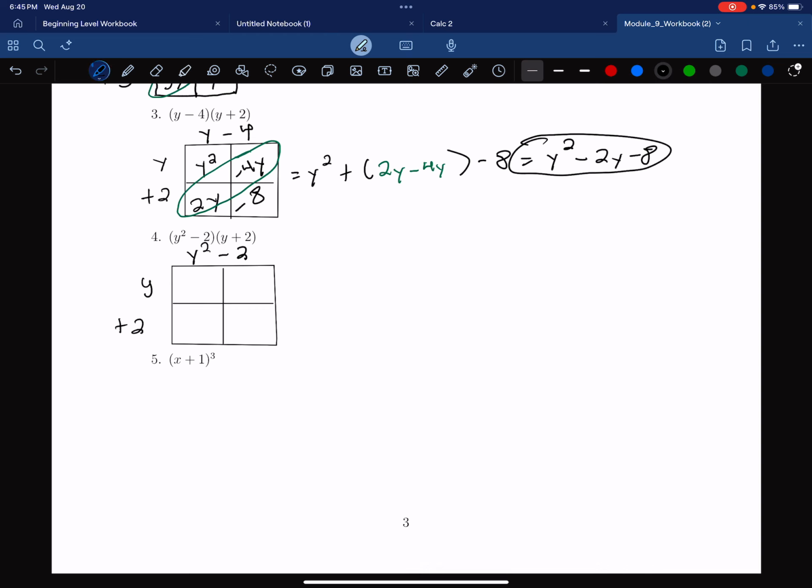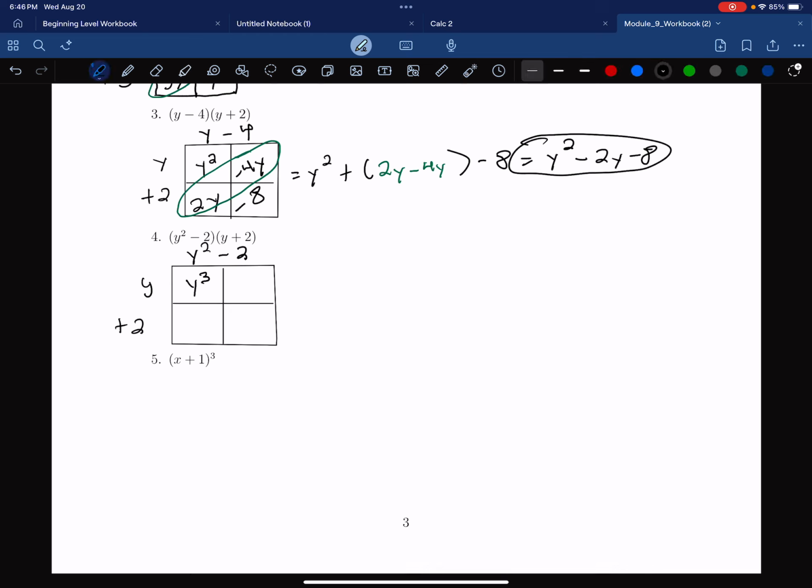So here in this box, we're going to do y times y squared. Now remember, we're going to add those exponents. So it's going to be y to the first power times y squared, which is y to the 2 plus 1, which is y cubed. And then here in this box, we're going to erase this y to the first. We're going to have y times negative 2.